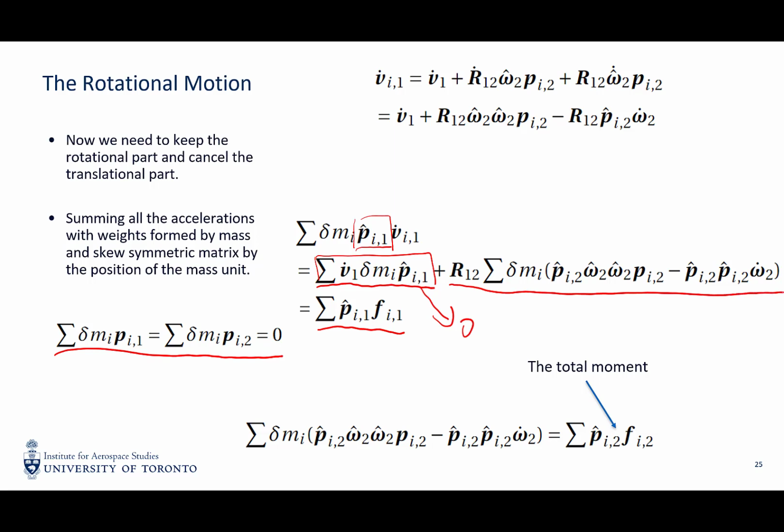It's R12 times the summation of delta mi, and also the summation of delta mi times pi2 hat times omega2 hat times omega2 hat times pi2, minus pi2 hat and pi2 hat, the double multiplication of the symmetrical matrix, times the angular acceleration.